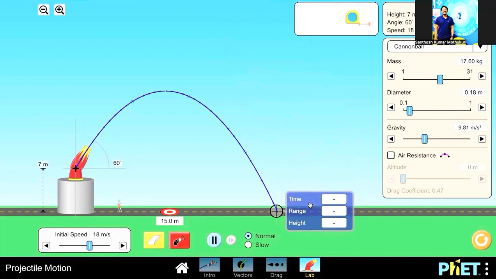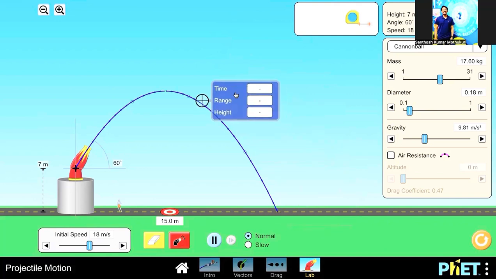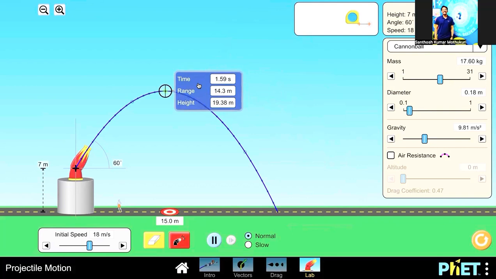All right. And also we can find out the height at the maximum height as well, and also the time taken to reach that maximum height. So let us prove that the time taken to reach the maximum is 1.59 seconds and the height is 19.38.